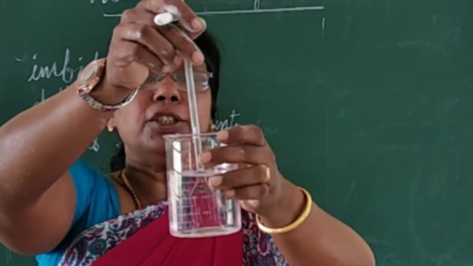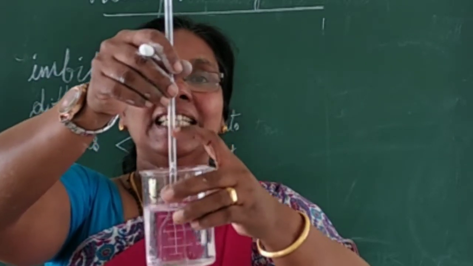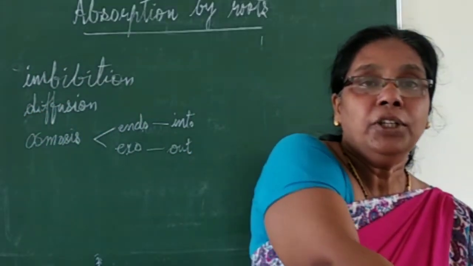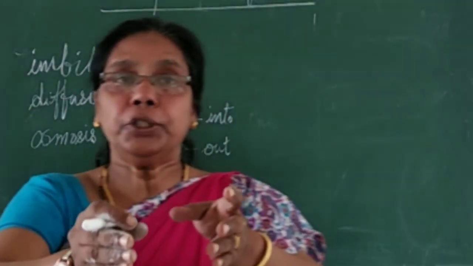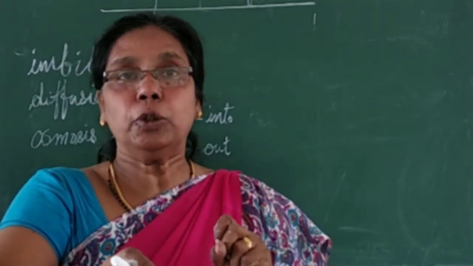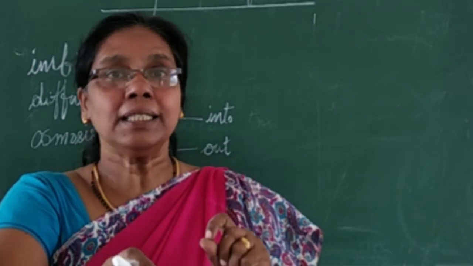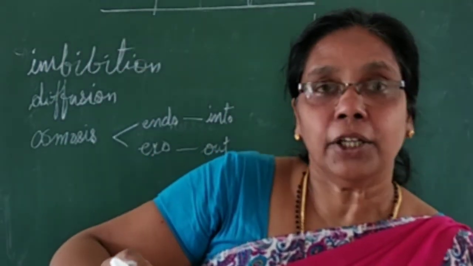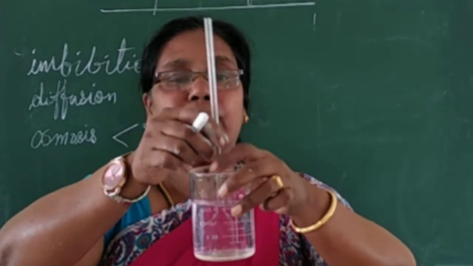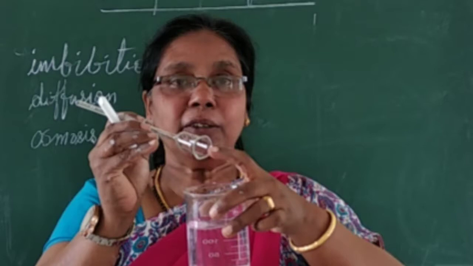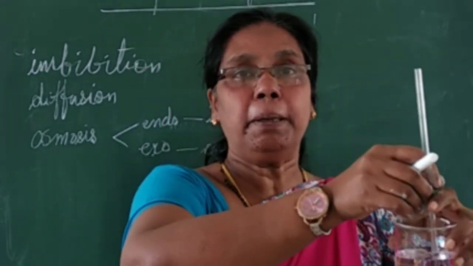After 2 or 3 hours you can see that the level of the water will be increasing in this thistle funnel. How will it be increasing? The sugar solution is a concentrated solution, where the water concentration is less, whereas water from the beaker enters through this thistle funnel, whose mouth is covered with cellophane paper, which acts as a semi-permeable membrane.